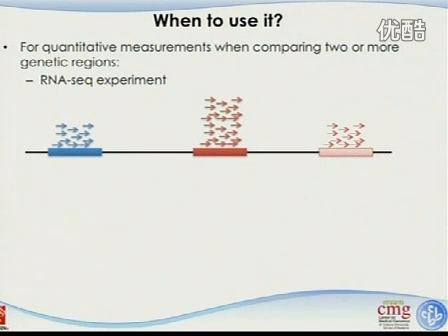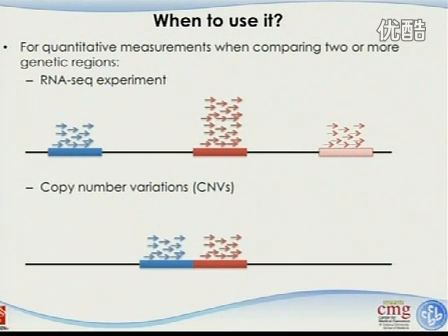For quantitative measurements, when comparing two or more genetic regions, for example RNA-seq, mappability is something you really need to consider. The second example, which we will talk about towards the end of this lecture, is copy number variation. For this one, there's about the same copy number.